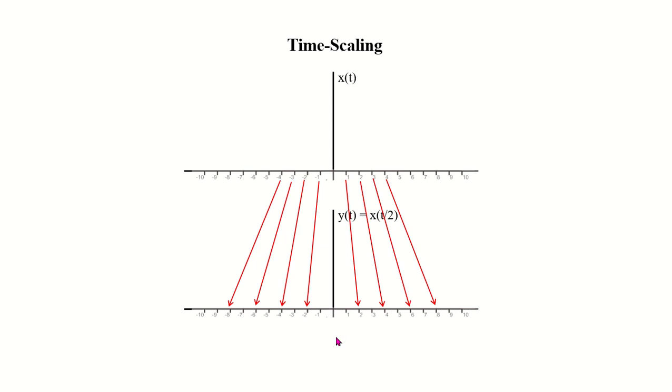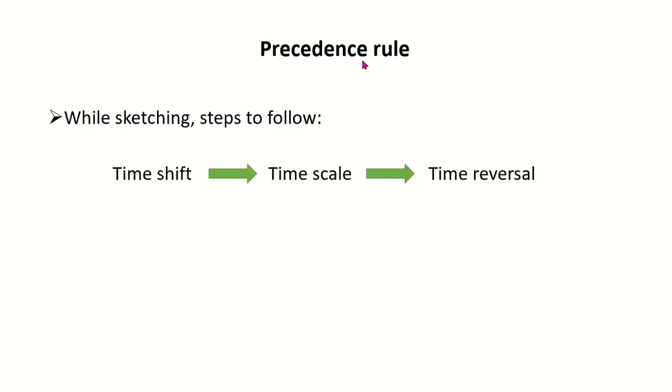Now, contrary to the previous figure, if we look into this figure, because of this scaling factor taken less than 1, the axis for xt is being expanded or dilated for the signal yt. Keeping this in mind, we will try to understand the precedence rule for the sketching of the signal while time reversal and scaling are being done.